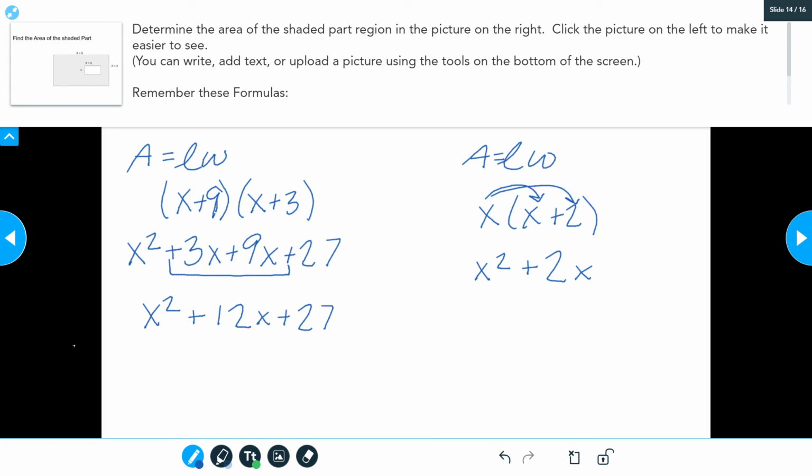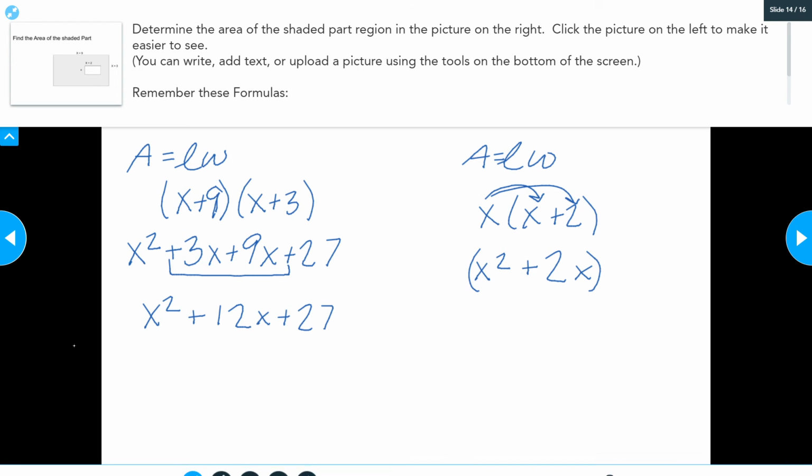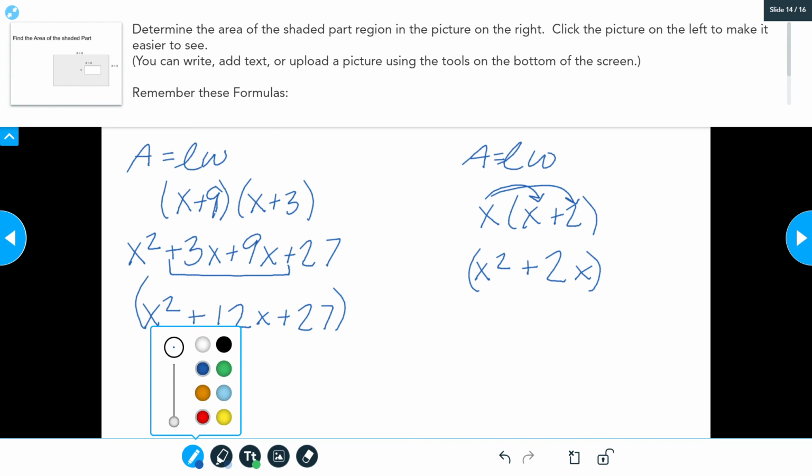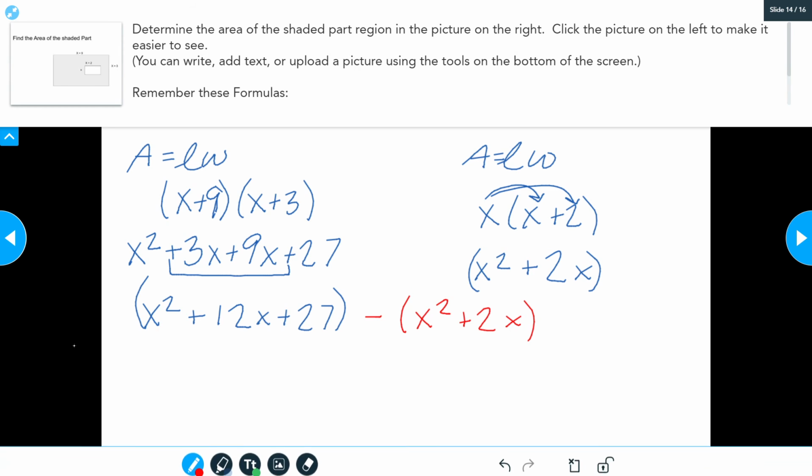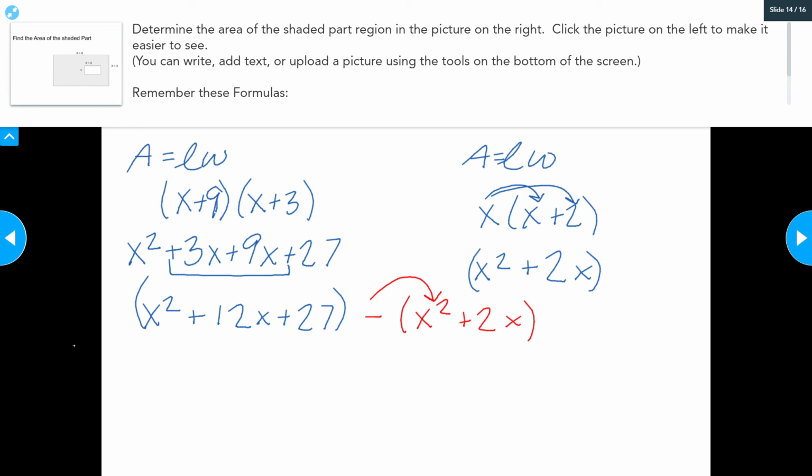Now I need to subtract the small from the big, so I'm just going to use a different color. So minus, I'm going to subtract the x squared plus the 2x from the big one. Don't forget, when you subtract, you have to distribute in that negative. So this becomes minus x squared minus 2x.